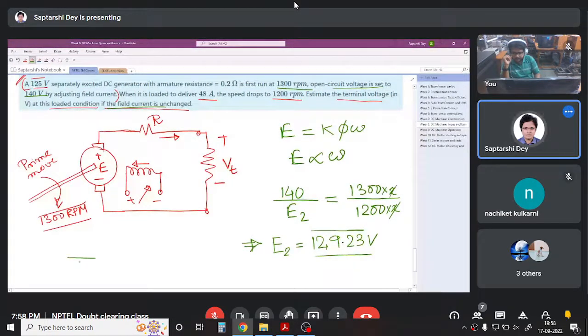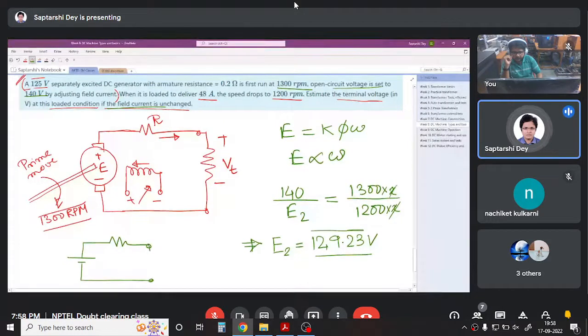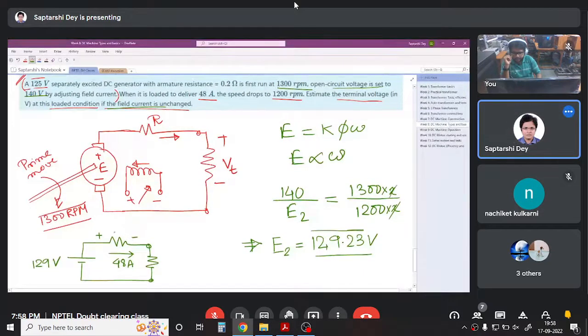Now it is very easy. This back EMF you can simply represent as a battery of 129 volt. 129 volt battery. It is supplying a 48 ampere of current. So as a result, there is a voltage drop here.